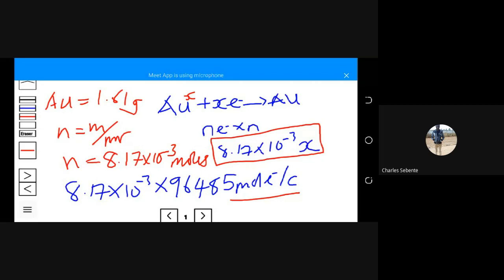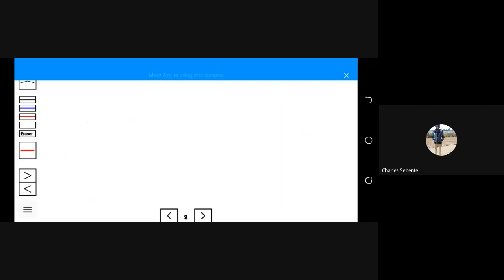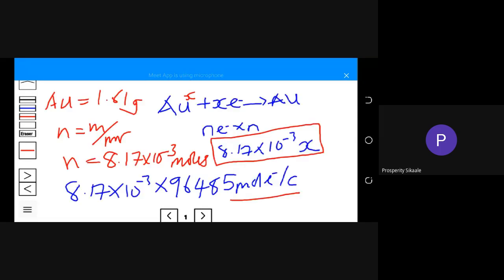Has somebody just multiplied this so that we write it? It gives me something like 771.